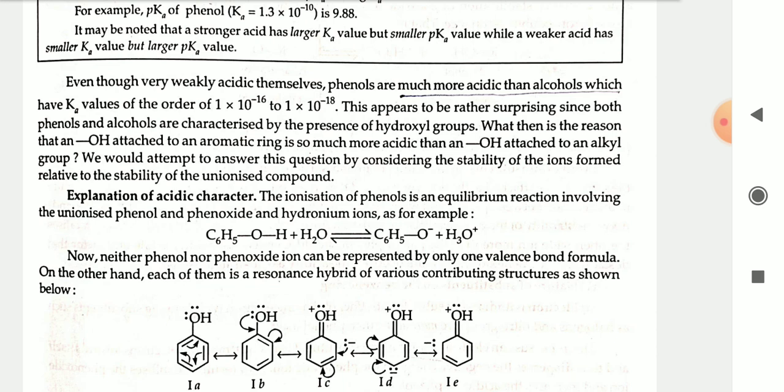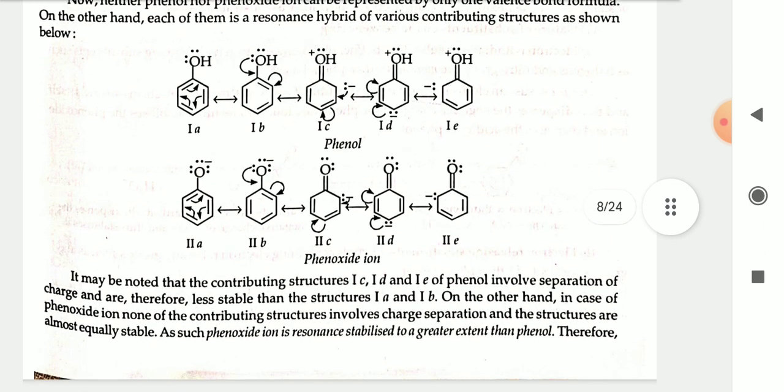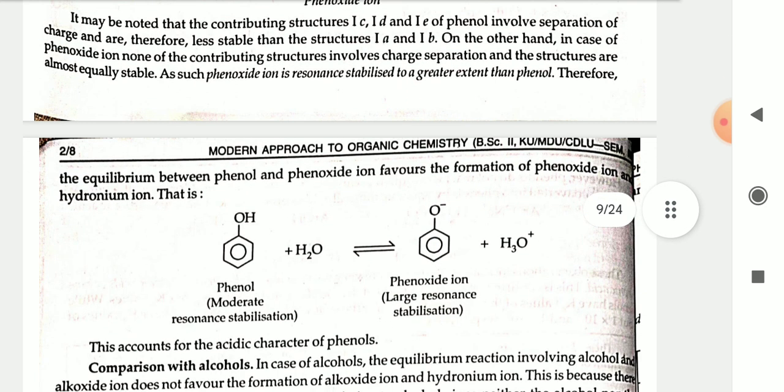Each of them is a resonance hybrid of various contributing structures, as shown below. It may be noted that contributing structures IC, ID, IE of phenol involve separation of charge and are therefore less stable than structures IA and IB.